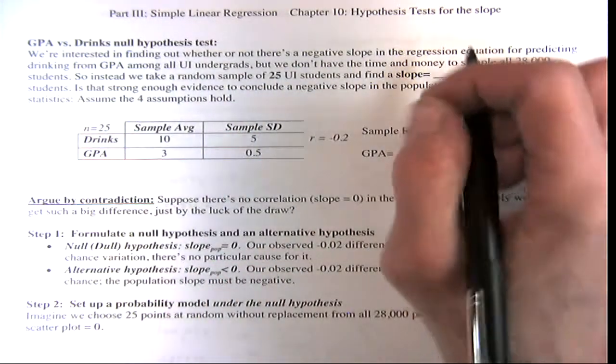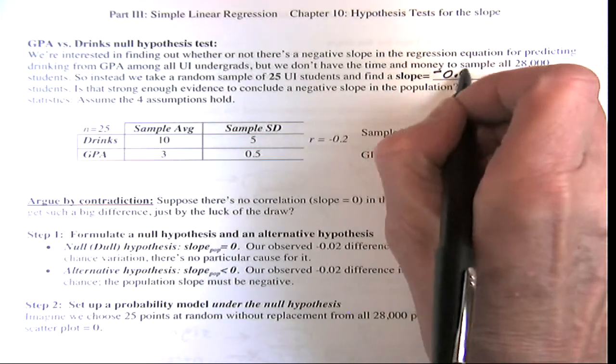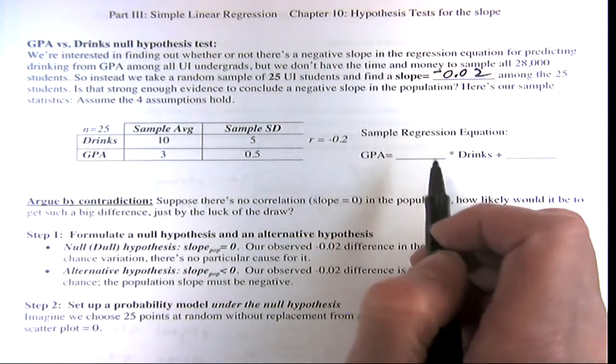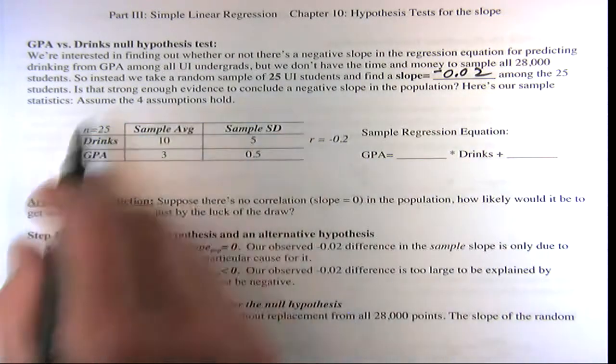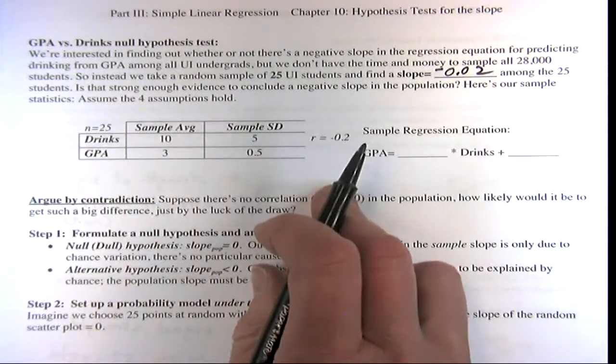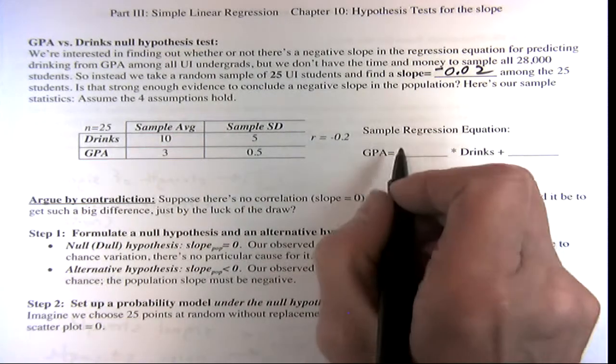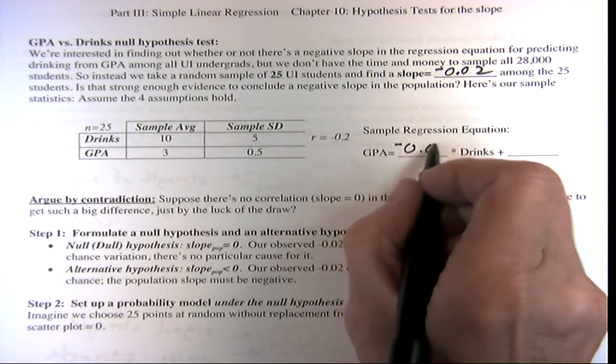We've already done this, so we can say we found this slope among the 25. Is it strong enough to conclude a negative slope in the population? Here are our sample statistics. We assume the 4 assumptions hold, and we get this sample regression equation.